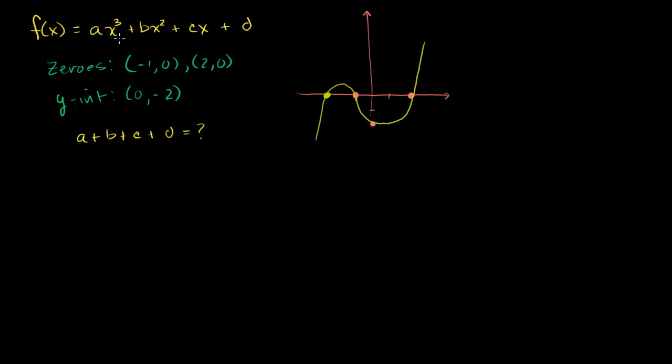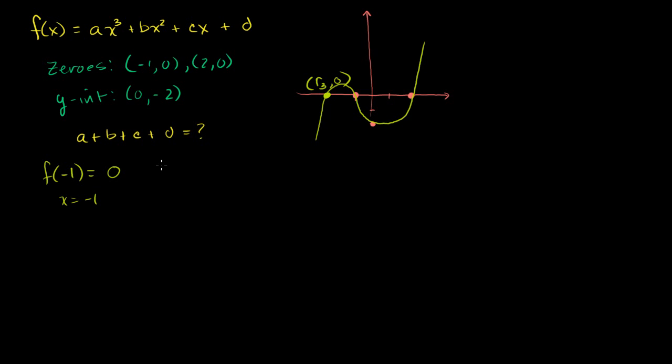But let's see if we can figure out the coefficients here. So the key point is me telling you that there must be a third 0 here. So let's call that third 0 at the point R3, 0. And I'm using the letter R for roots. The roots are the x values of the zeros. So if we say f of -1 is equal to 0, we say that x is equal to -1 is a root.